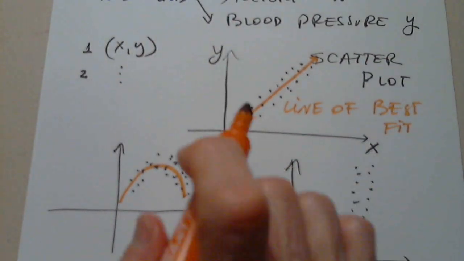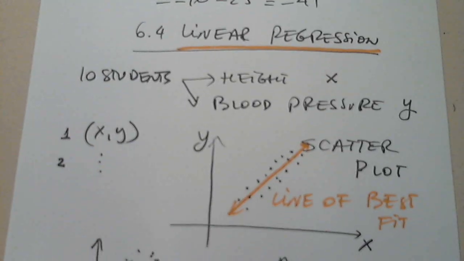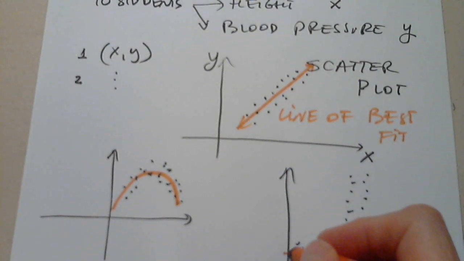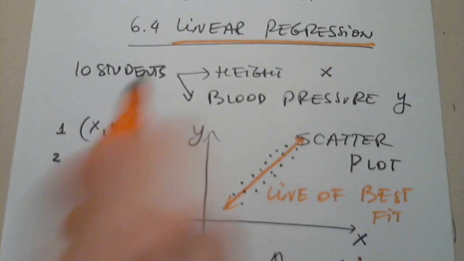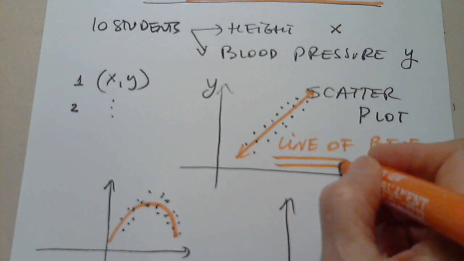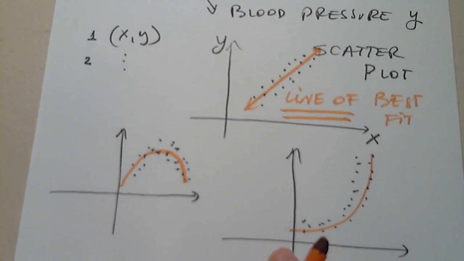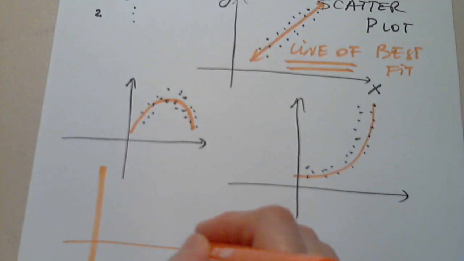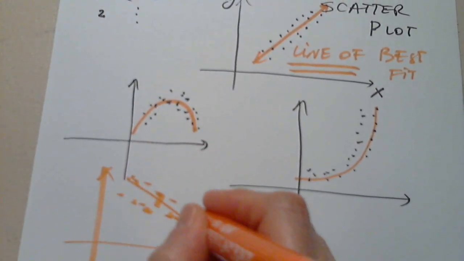This one has nothing to do with linear regression. This one appears to be exponential, has nothing to do with linear regression. This one is the only one in my 3 examples that follows a straight line situation. This one with a positive slope. It can be with a negative slope. Something like this.